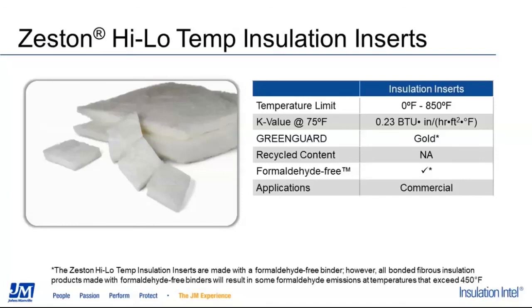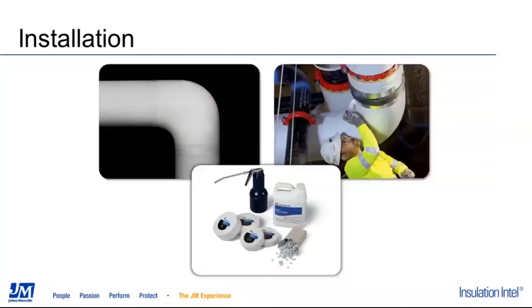Also, the binder used for this insulation is formaldehyde-free, so it does have GREENGUARD Gold certification. And for applications, it is used generally for commercial applications. From the installation perspective, we not only offer the fittings and cut and curl jacketing, but we also have a full line of accessories. That includes tacks, tape, adhesive, and thinner.